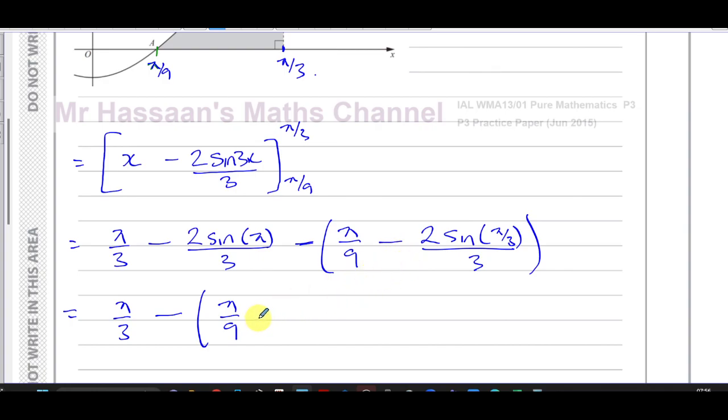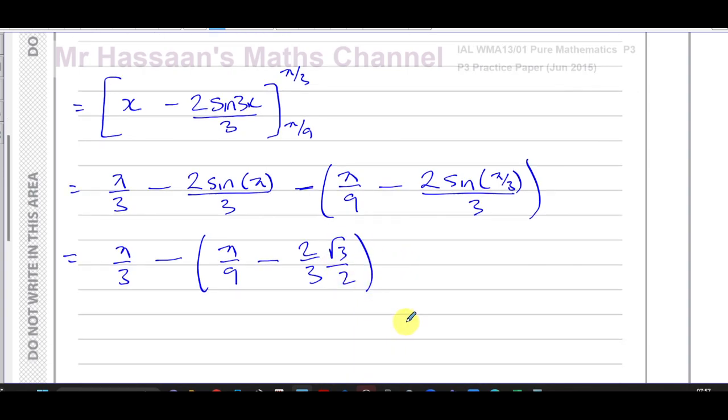and this gives you minus, now you have 2 over 3 times, now the sine of 60 degrees, sine of pi over 3 is root 3 over 2. Okay, so the 2's will cancel, leaving us with root 3 over 3. So we have pi over 3 minus pi over 9 plus root 3 over 3.